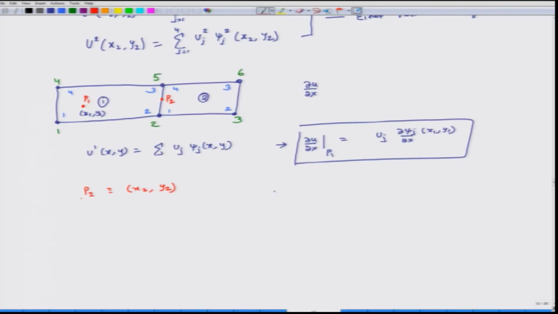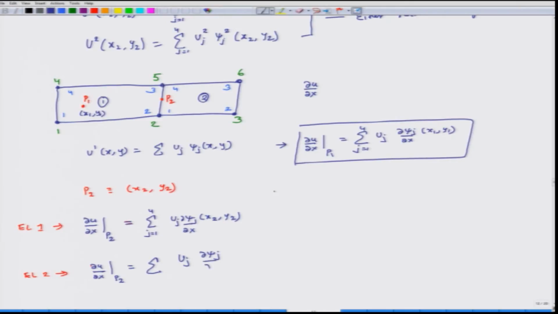So, if I compute from element 1, then del u over del x at point P2 from element 1 is equal to a summation, u_j del psi_j over del x.